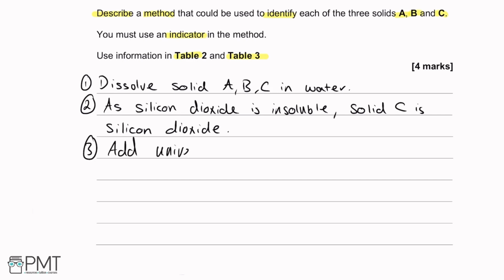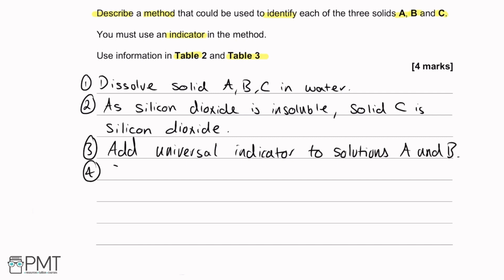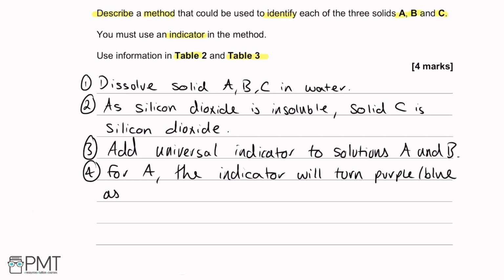Now, remember, to determine between A and B, we needed to look at pH. So here is where we're going to add our indicator, and that indicator is going to be a universal indicator. We're going to add that to solutions A and B. For A, the indicator will turn a purple or a blue colour, because solid A is an alkali. Therefore, A is sodium hydroxide for reasons that we discussed earlier.